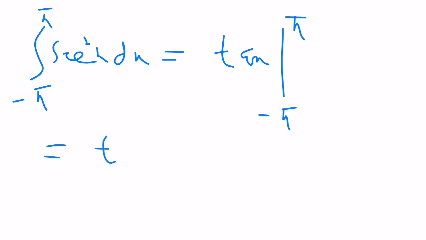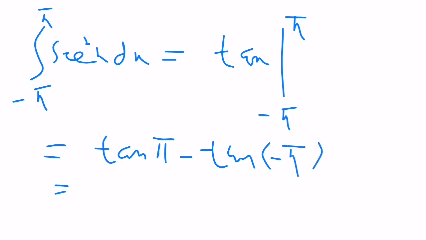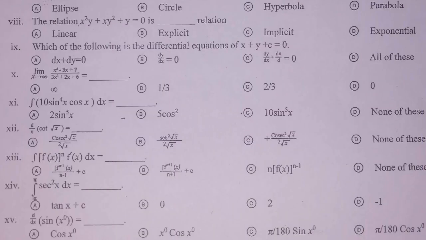Now this is equal to tangent pi minus tangent minus pi. This whole expression is equal to 2 times tangent pi, and tangent pi is equal to 0. So the correct option is B.